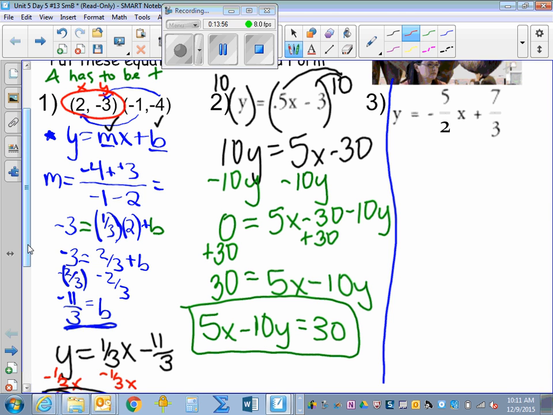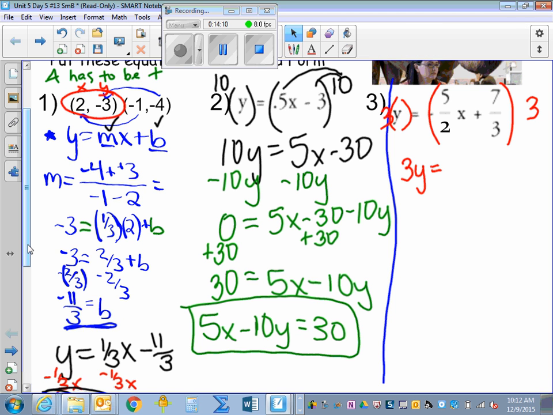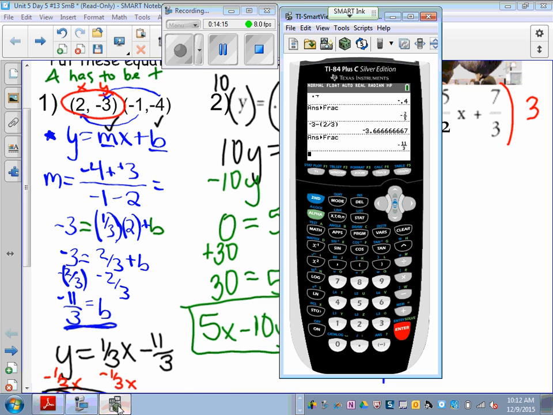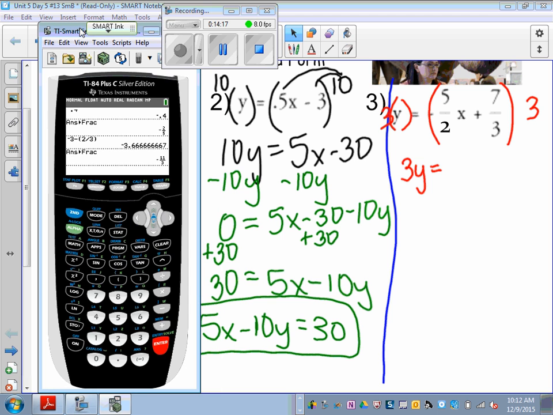So to get rid of it, I'm going to multiply both sides by 3. So I have 3y equals, go ahead and use your calculator to help you out with this one. Remember, fractions have to go in parentheses. So I have parentheses, -5 halves, close parentheses, times 3.